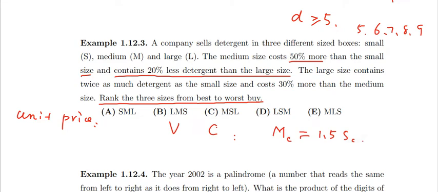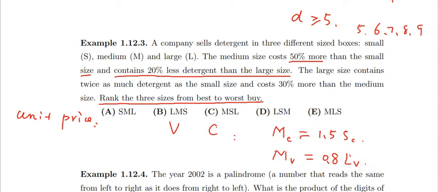But for volume, the middle one's volume contains 20% less than the large one, so it equals 1 minus 20%, 0.8 times the large one's volume.